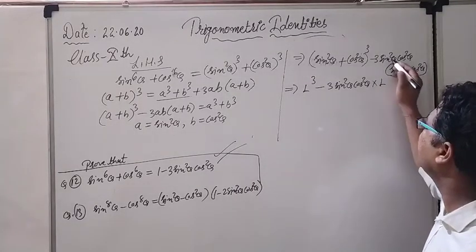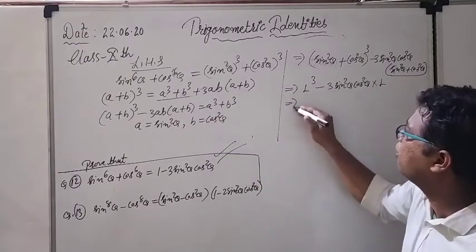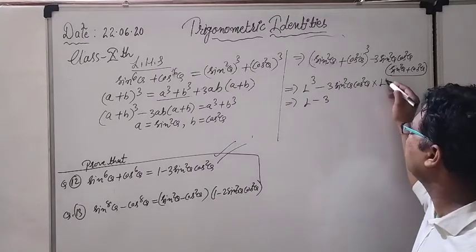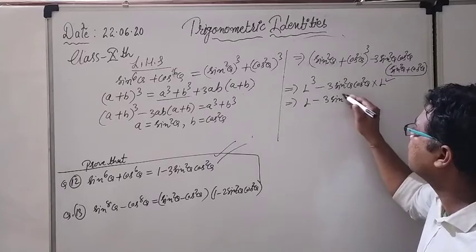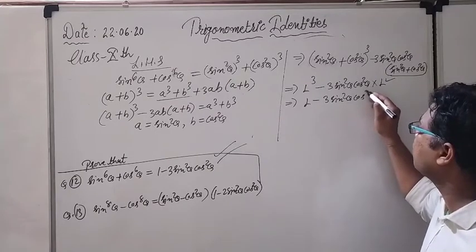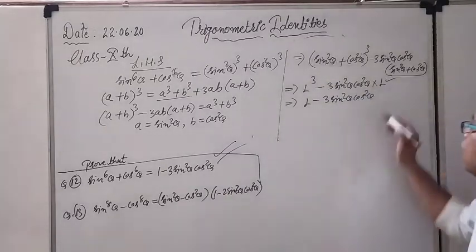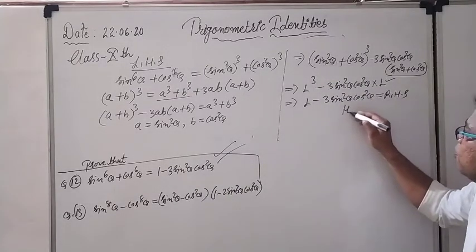These things are in multiplication, so multiplication with 1 changes nothing. So I can write 1 cube minus 3 sin square theta cos square theta, and that was the requirement of the question. That is equal to the right hand side, and hence proved.